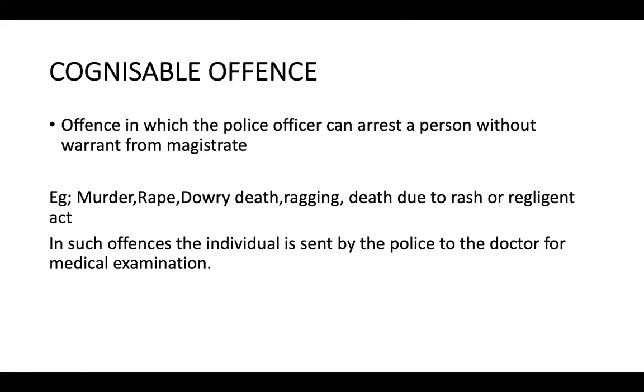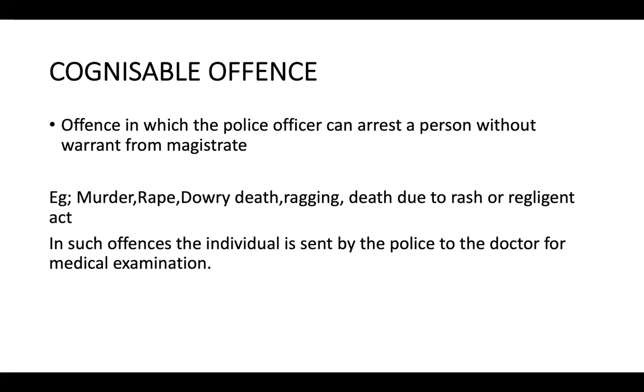Okay. Next is cognizable offense. Cognizable offense means an offense in which a police officer can arrest a person without warrant from a magistrate. Usually, if a police officer wants to arrest a person, he needs a valid warrant from the magistrate. But here some cognizable offenses are there where the police officer doesn't need any permission from the magistrate to arrest a person.